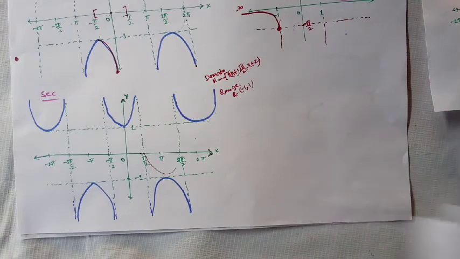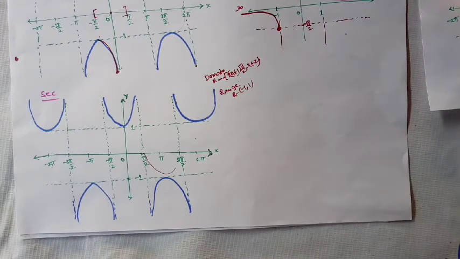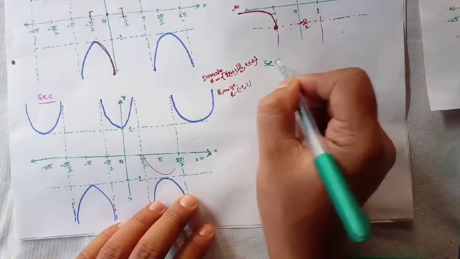Coming to the next, which is making its principal value branch: secant inverse x.